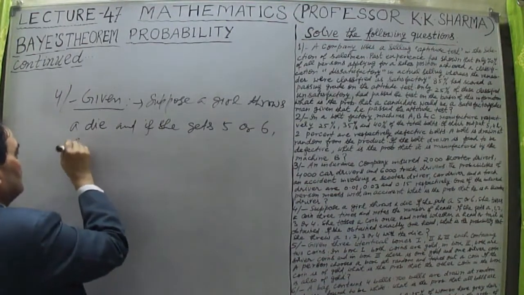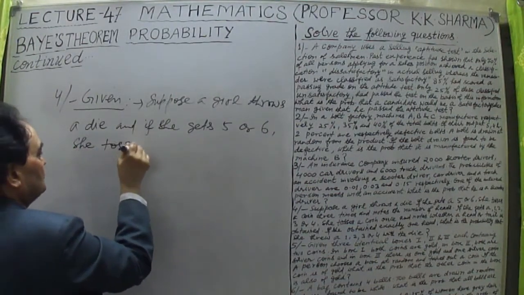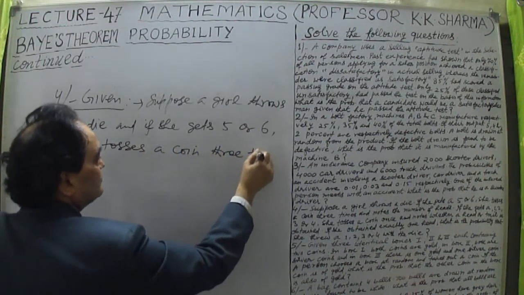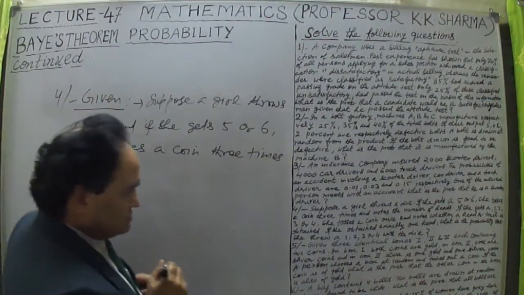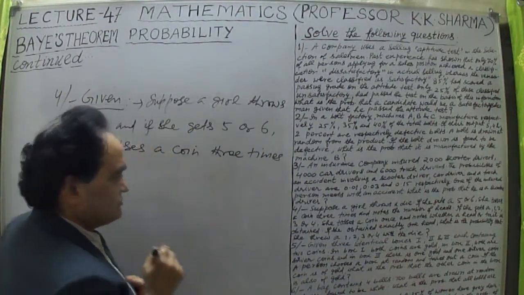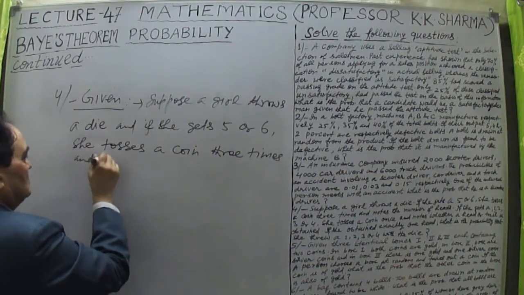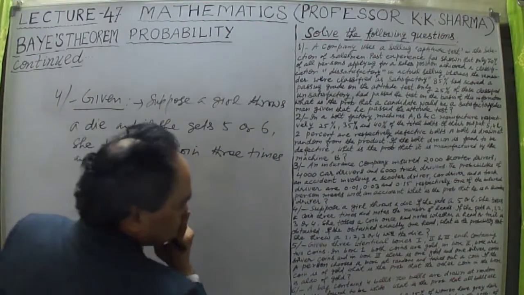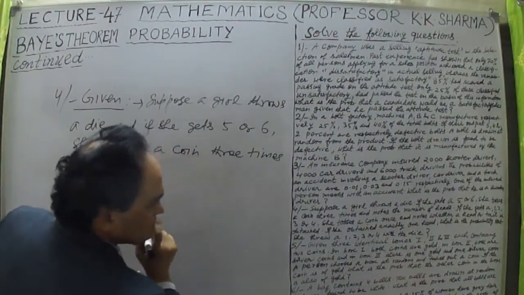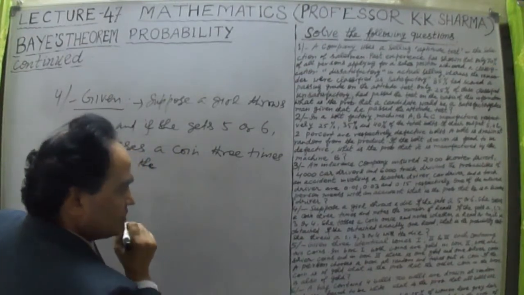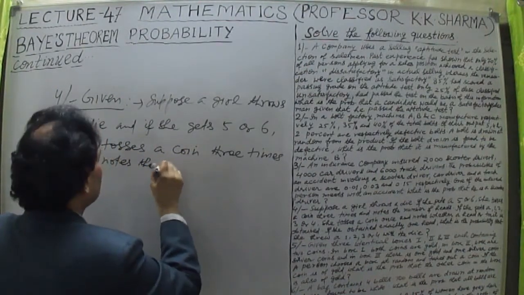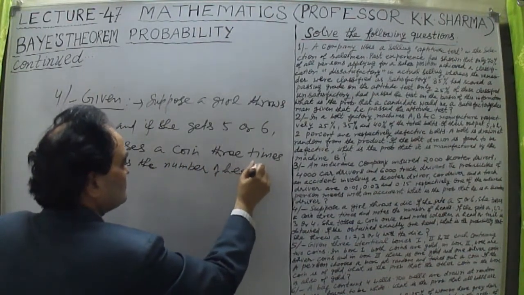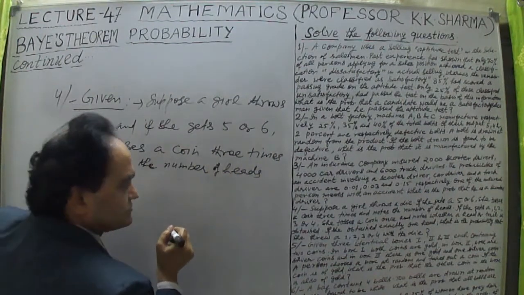She tosses a coin 3 times. She tosses a coin 3 times and notes the number of heads that appear. And notes the number of heads.